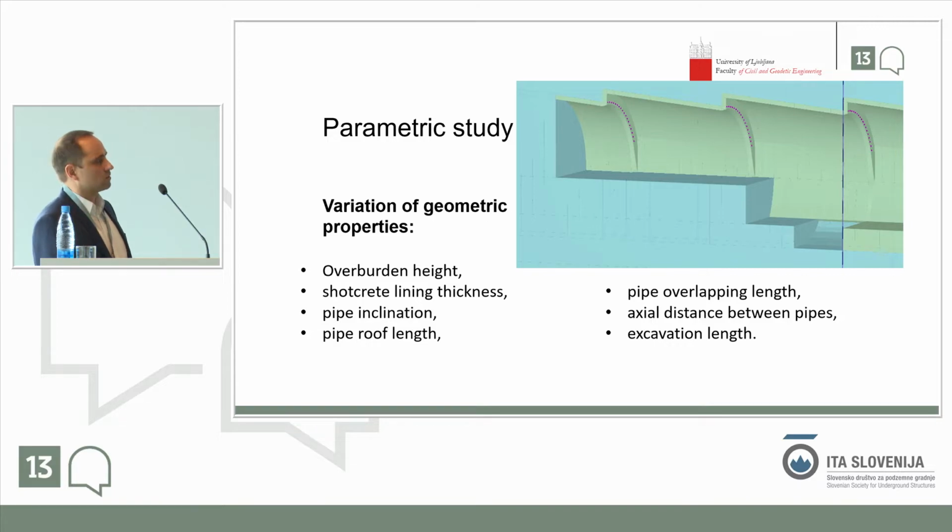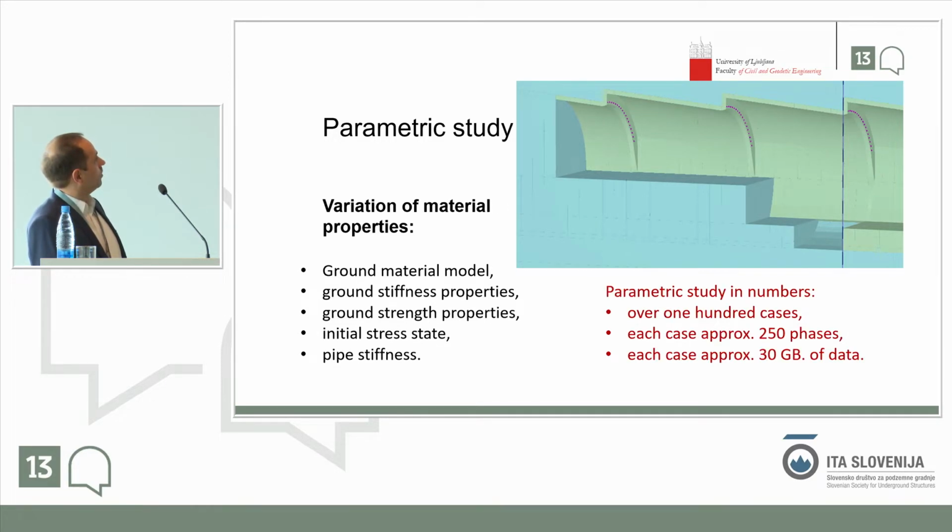And these output parameters were basically displacements of pipes, then internal forces of pipes, meaning axial forces, bending moments, shear forces. And moreover, in some particular cross sections, we also analyzed the strain and stress states in the ground. Now here are some of the geometric properties, and more also material properties.